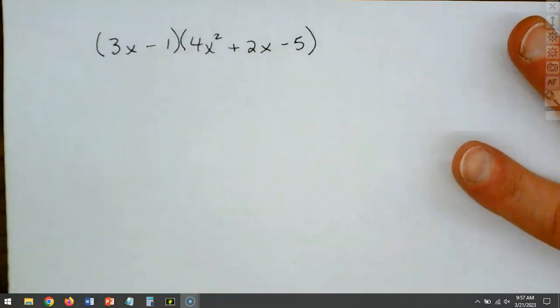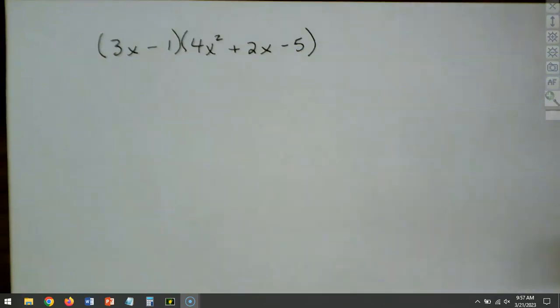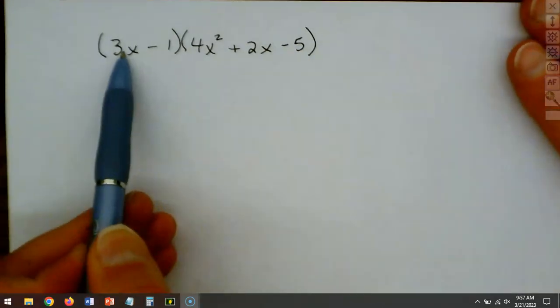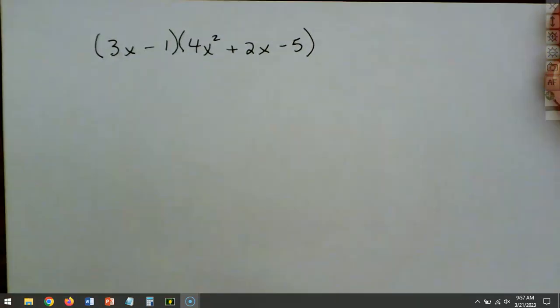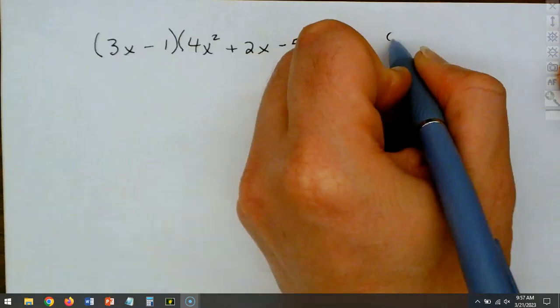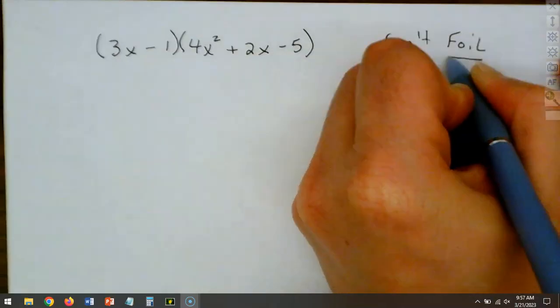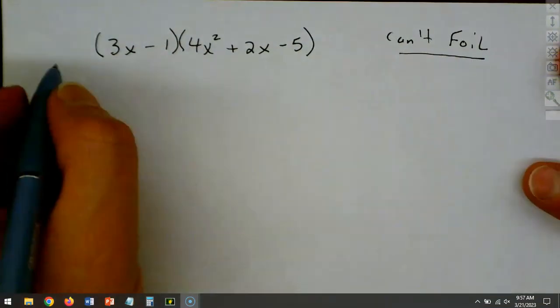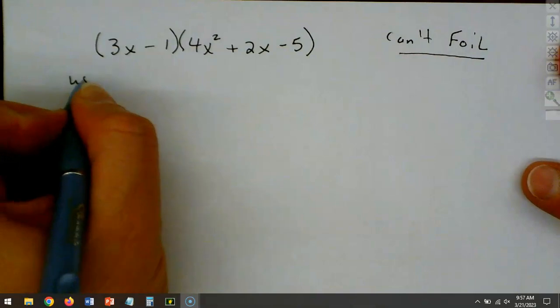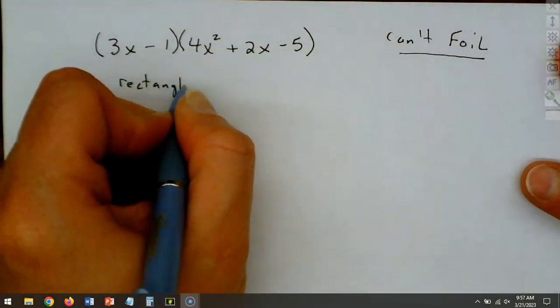Because FOIL has 4 letters, and we need 4 different pieces. And this one has 1, 2, 3, 4, 5. So it is too big to FOIL. If we can't FOIL, then we're going to use the rectangle method, or the box method.